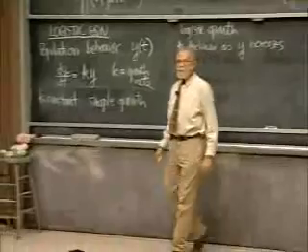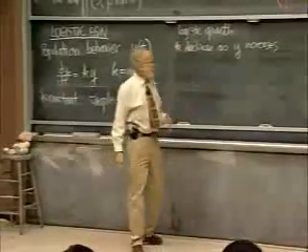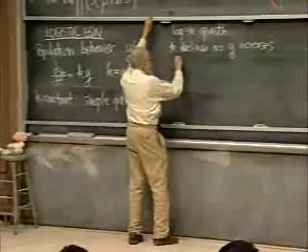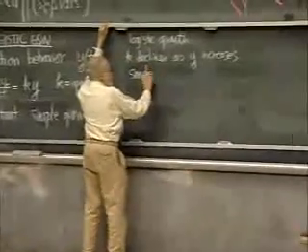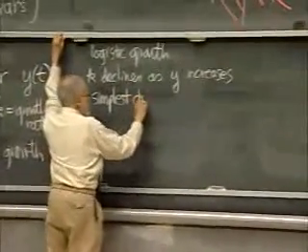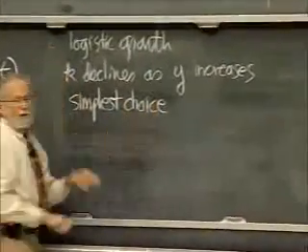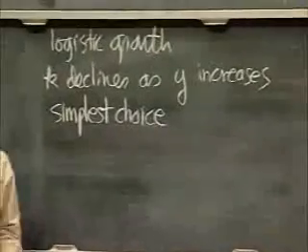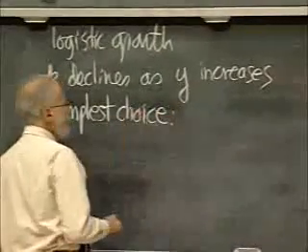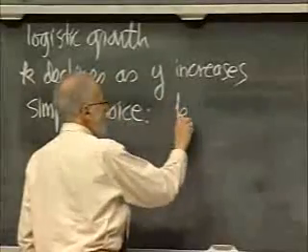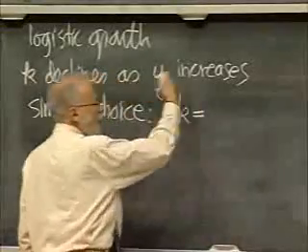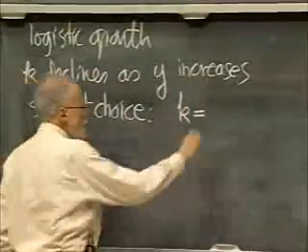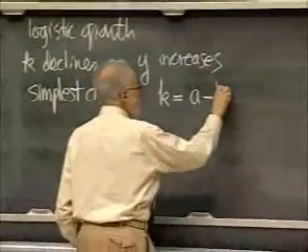What's the simplest function which declines as y increases? If you are ignorant about what else to do, stick with the simplest. At least you won't work any harder than you have to. That would be to take k equal to the simplest declining function of y there is, which is simply a linear function, a minus b y.